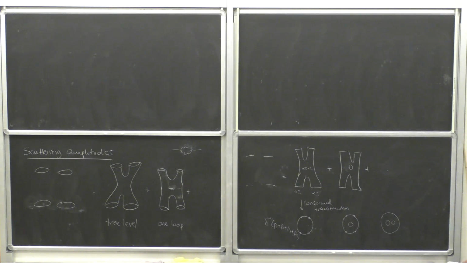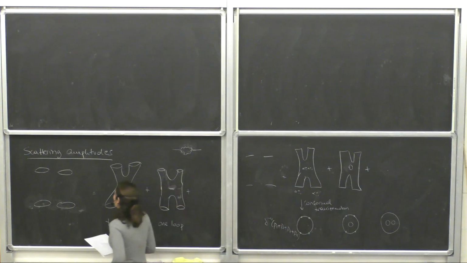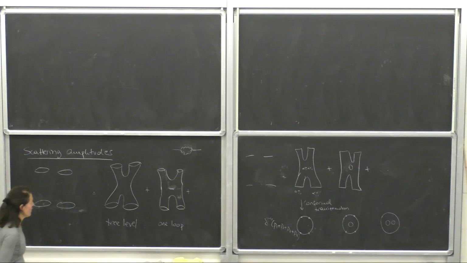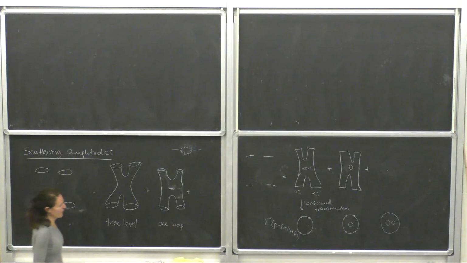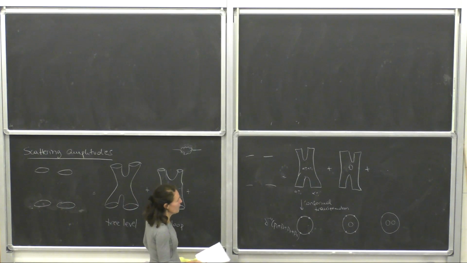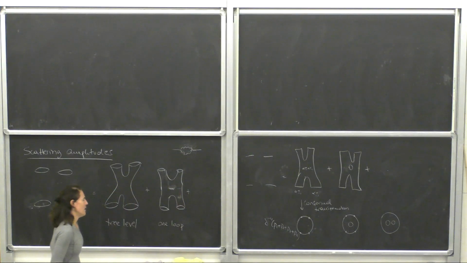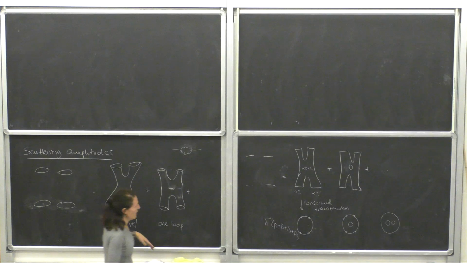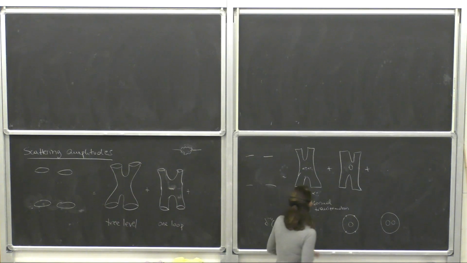I could write the tree-level scattering amplitude for 4 tachyons, which is a famous scattering amplitude. But okay, one could talk about this for 2 classes. What I wanted to say is this, and a little bit more.